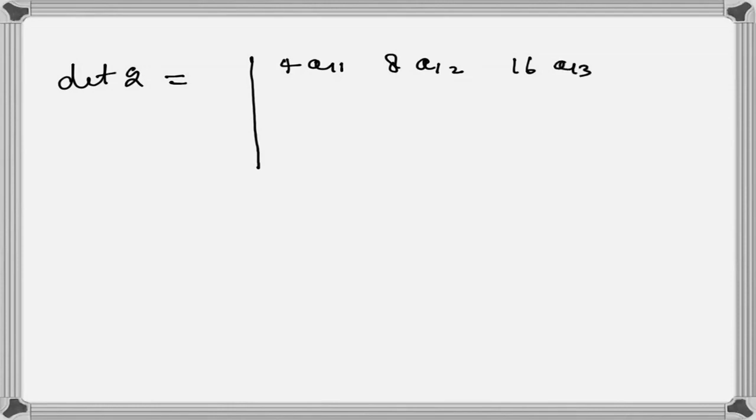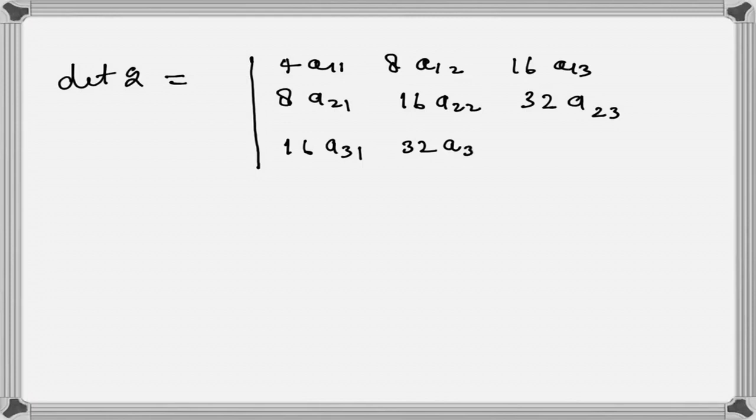Okay, so determinant Q is equals to this: 4a11, 8a12, 16a13, 8a21, 16a22, 32a23, 16a31, 32a32, 64a33.